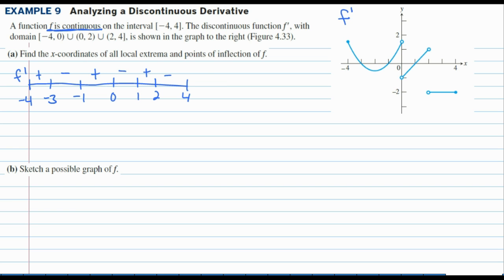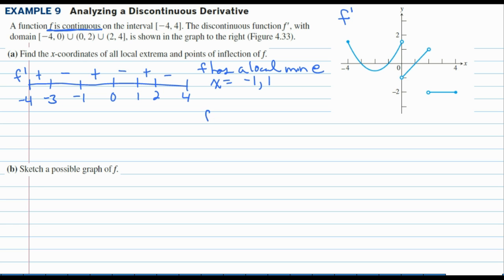Here we go. So first of all, f has a local min at x equals... Local minimums are going to happen when f changes from decreasing to increasing. So f prime changes from negative to positive. So that's going to be -1, 1, and that's it.